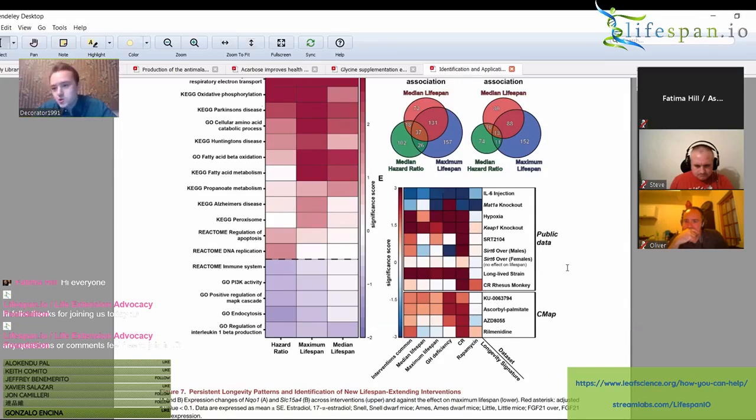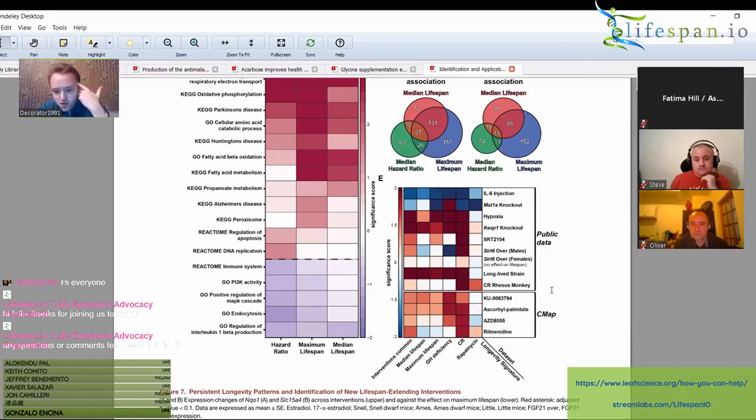And you can also interpret genetic strain as intervention. I mean, 2 strains of mice differ in genetics, and genetics is also kind of intervention. And here our signatures were able to predict which strain lives longer. So it works in this context as well.